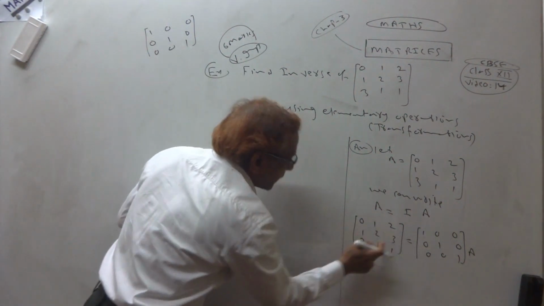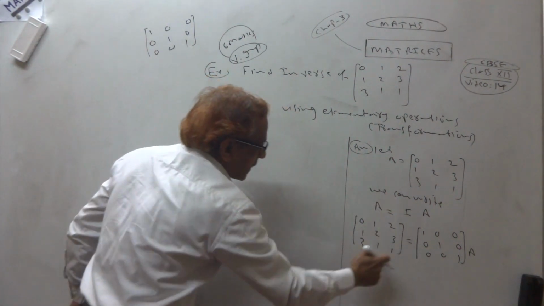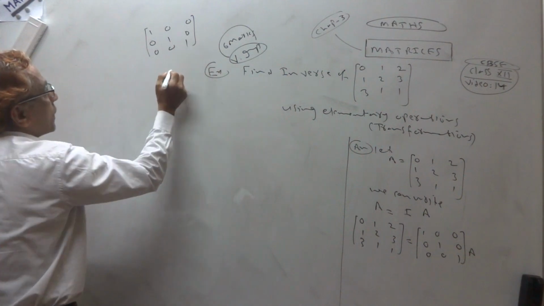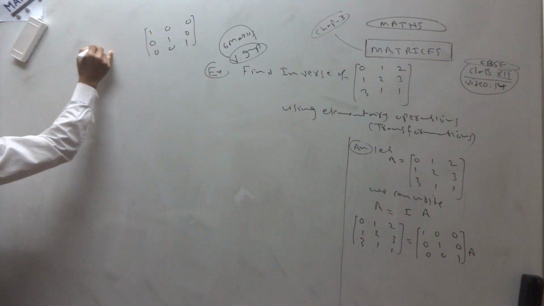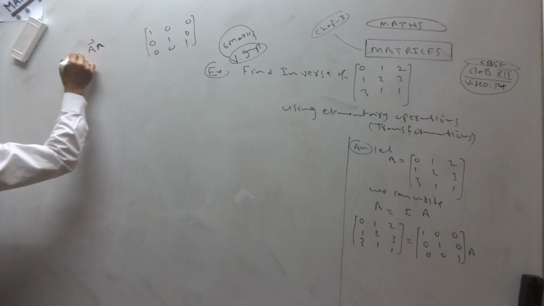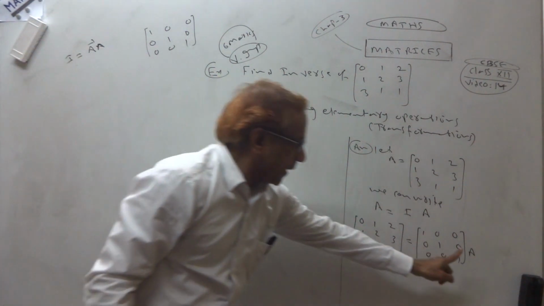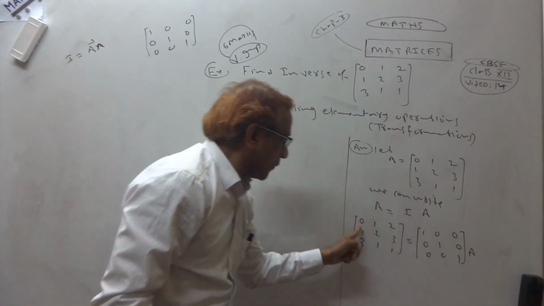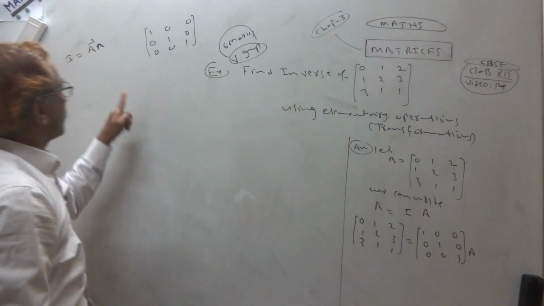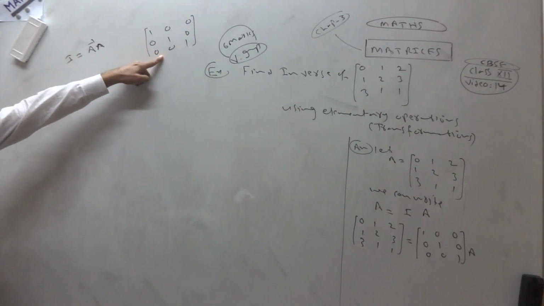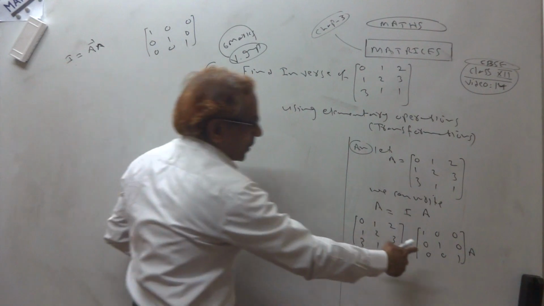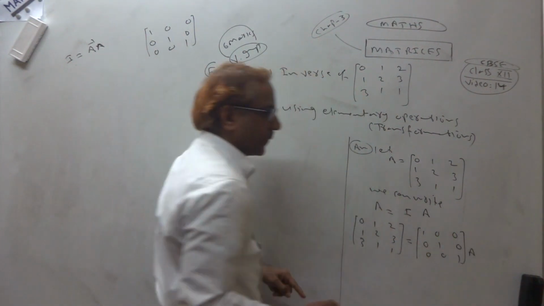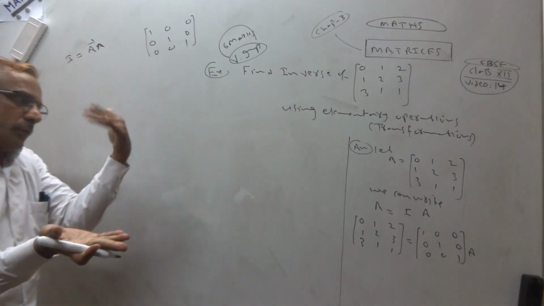If we make this identity, then by definition, A into A inverse is I. If you make it I, then this is called the inverse of A. So it's the same method which we did in the last video.